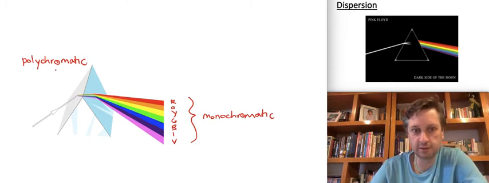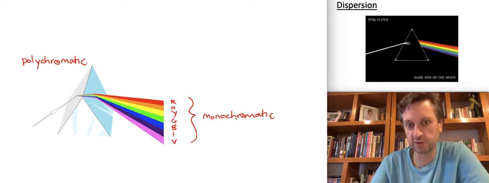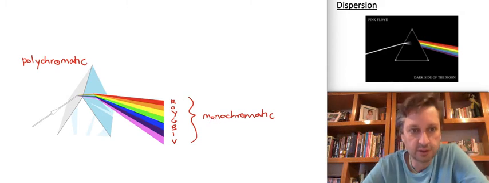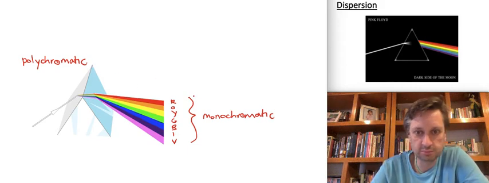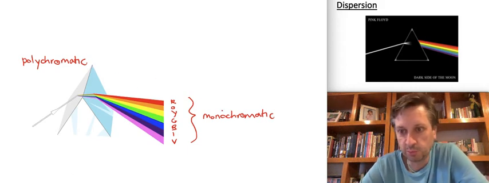Poly meaning many, chrome, colour, and here mono, single or one colour. So polychrome, monochrome, and if you're Paul Simon, Kodachrome.